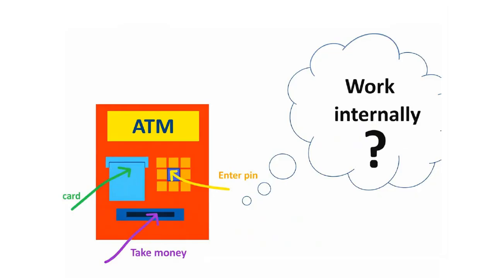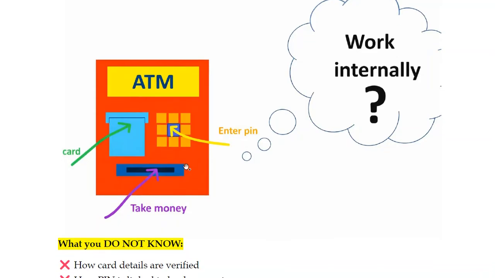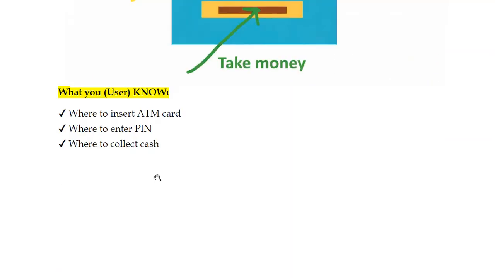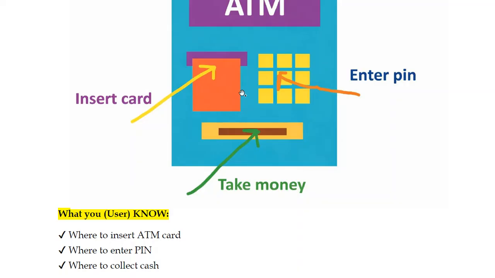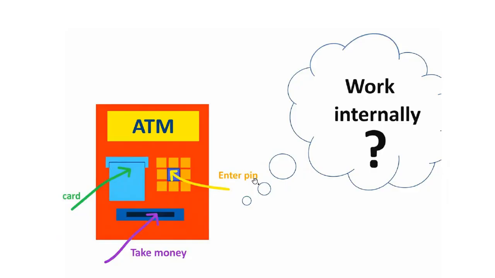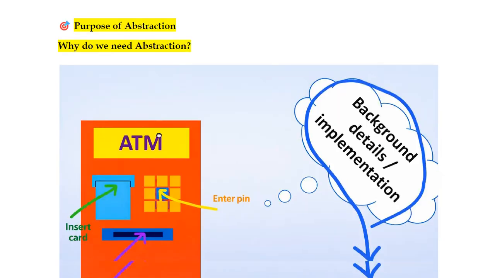That is, it looks at what it does, not at how it does it. The user should just know how to use this ATM: where to insert the card, where to enter the PIN number, where to collect cash or deposit. The user should know how to work on that only. Internally, don't think about what is happening in the background. So background details are hidden from the user.